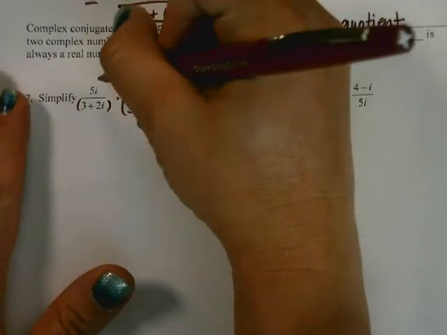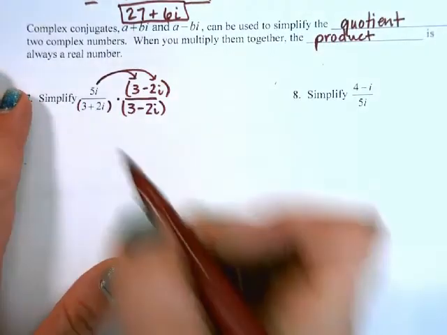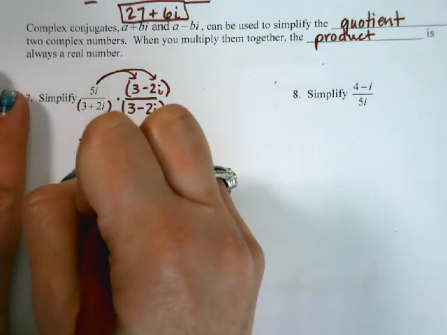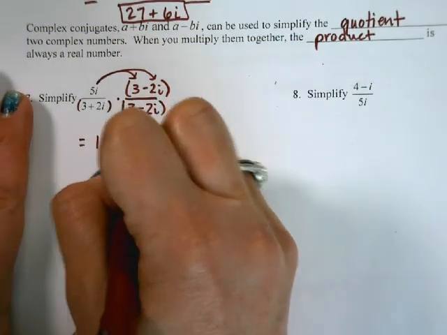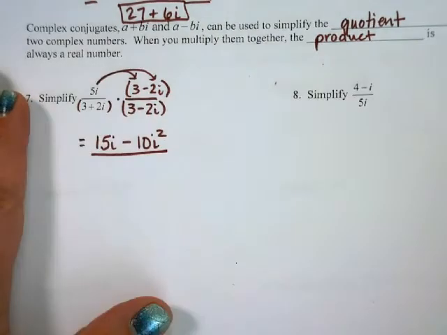All right, so now I'm going to distribute my 5i. 5i times 3 is 15i. 5i times a negative 2i gives me negative 10i squared. We'll fix him here in just a minute.